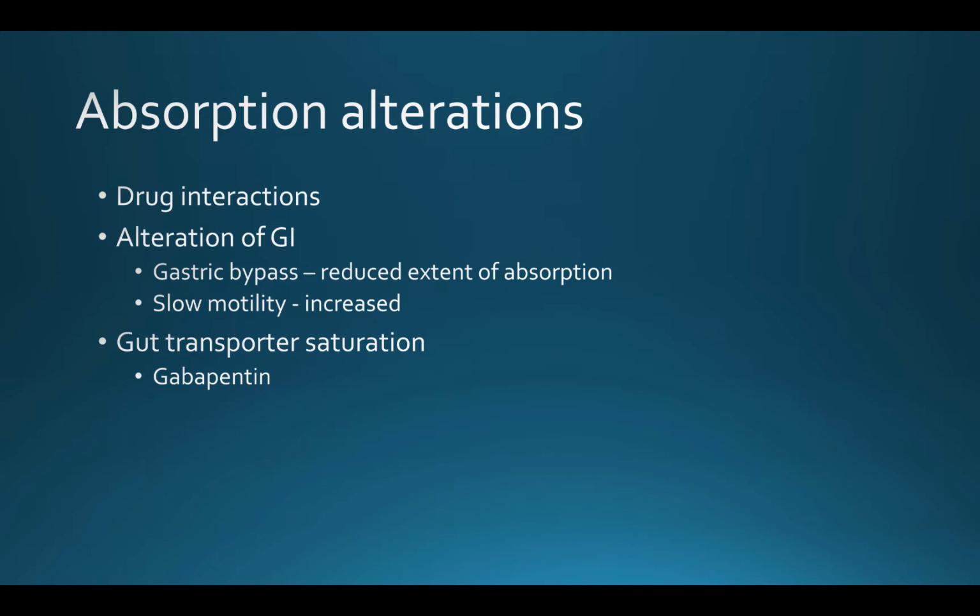As we increase the dose of gabapentin, the relative percentage absorbed actually gets lower as that dose escalates. And that's because of the transporter that gabapentin requires to cross the gut and into the bloodstream.